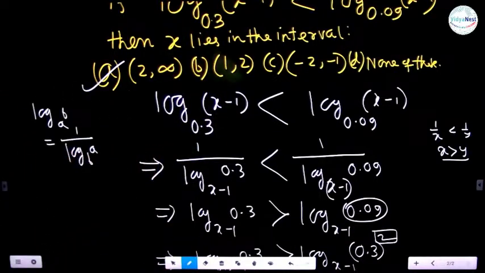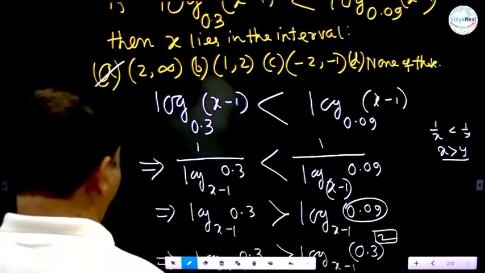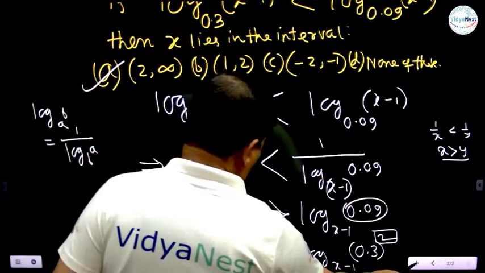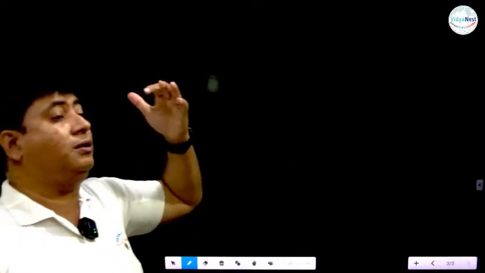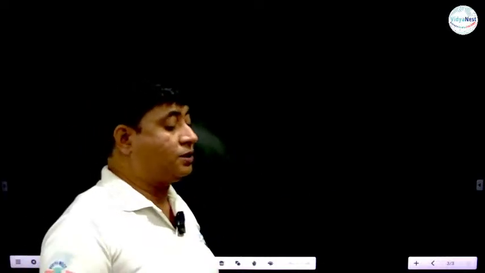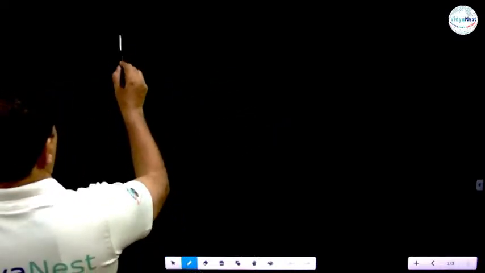ठीक है, now based on this linear inequation we will find one recent past question that came in JEE Advanced 2021. What is that question?